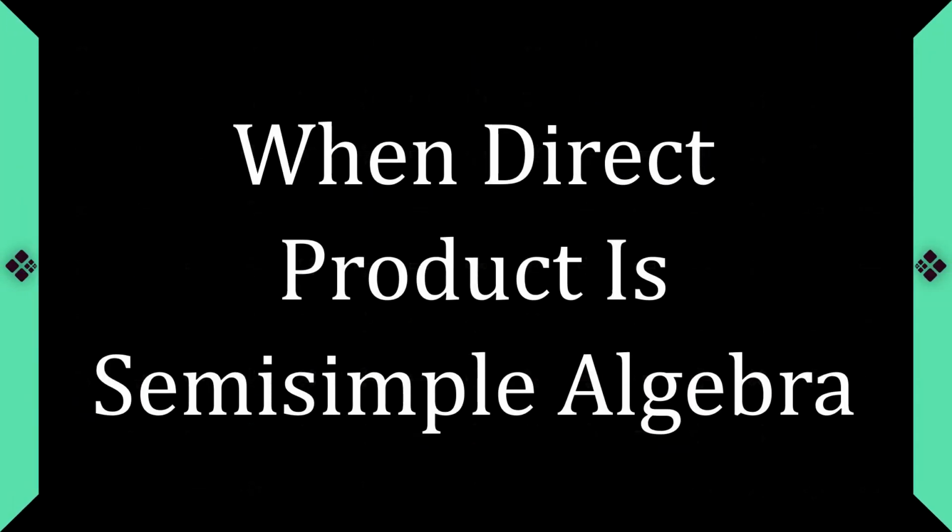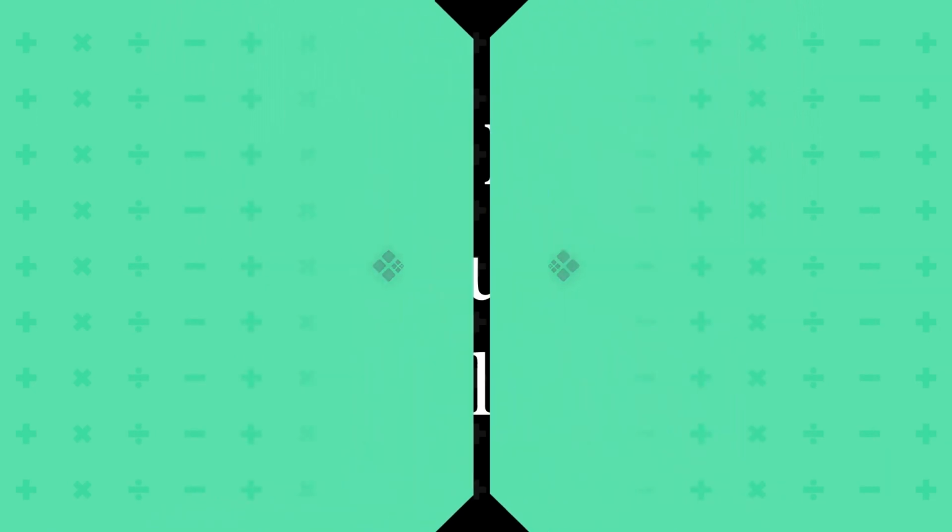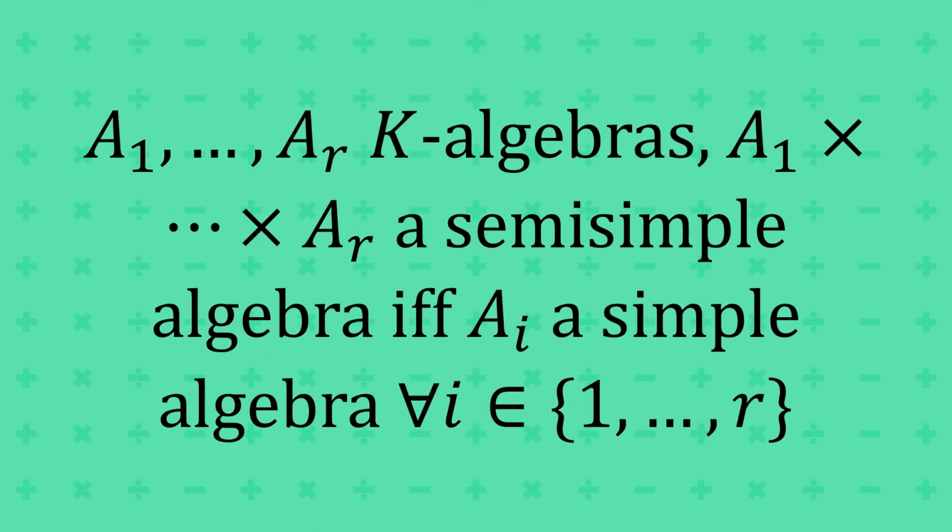Then we can determine when a direct product is a semi-simple algebra. For A1 up to AR K algebras, the direct product of the A1 up to AR is a semi-simple algebra if and only if Ai is a semi-simple algebra for all i from 1 to R.